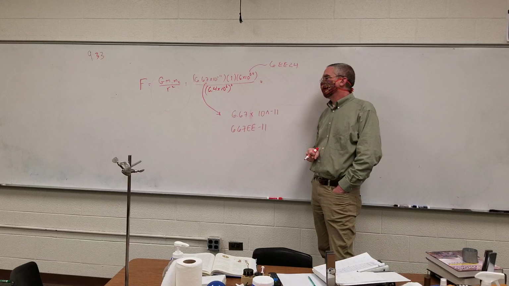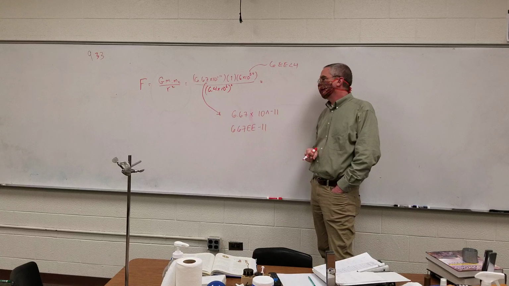I kept putting it in the same way using the E. I did 6.67, a double E, and then -11, then times 5.98, the double E, and then 24. Then I divided that and did 3.84, the double E, 8, and then I squared that, and I got 101.03.